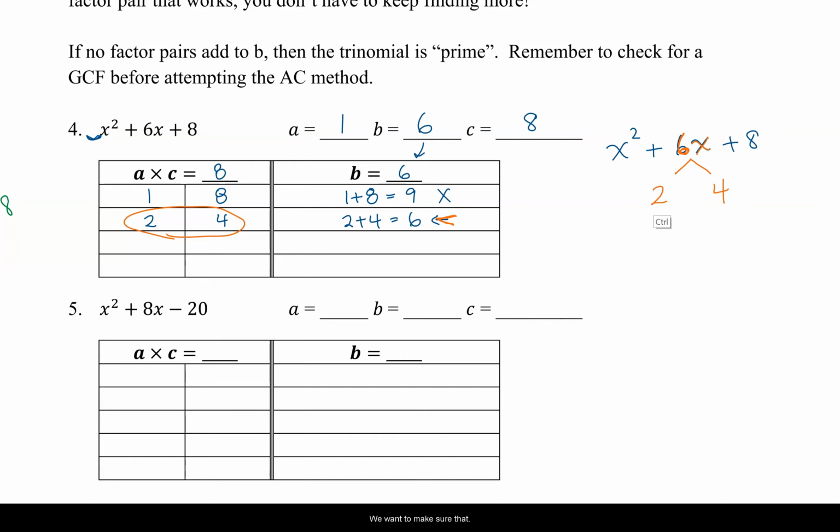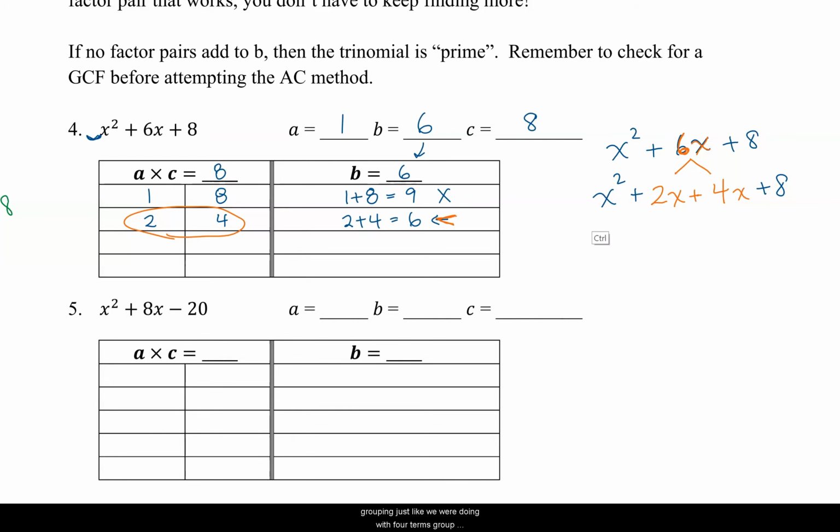We want to make sure that these terms match the term above. So we're splitting this 6x into 2x plus 4x. The terms that we create have to match that middle term. They have to be like terms. And then we can just copy the first term and the last term down, x squared and the 8.